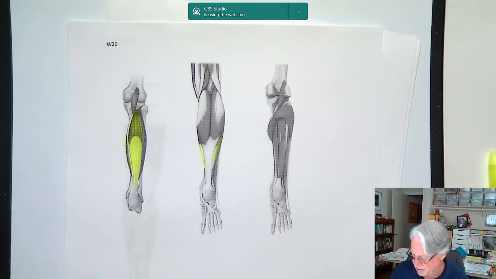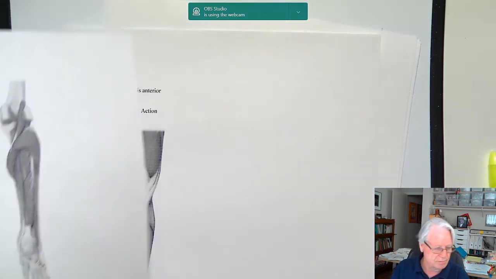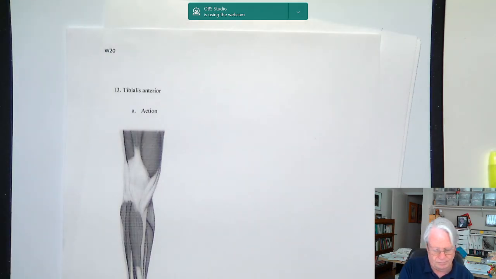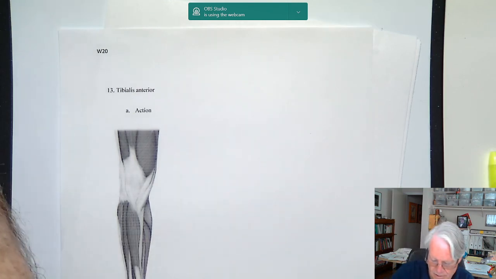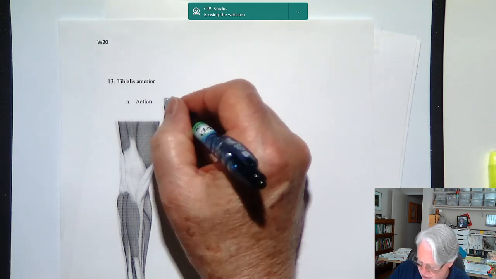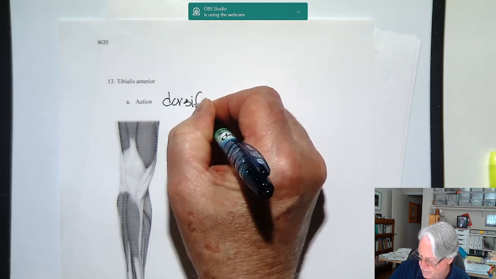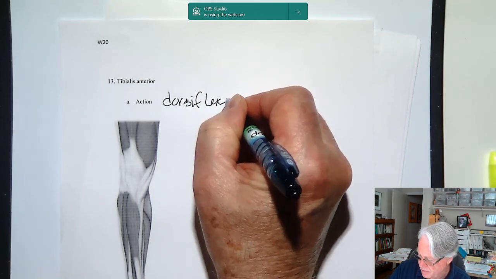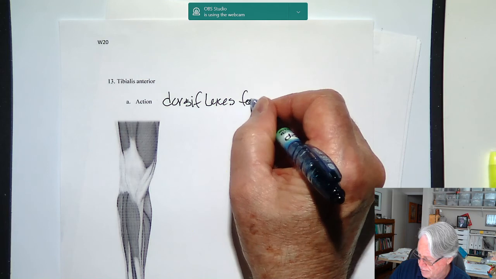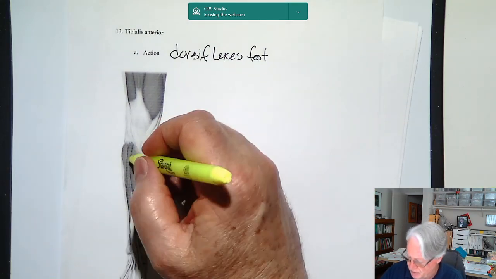Okay, last muscle. Tibialis anterior, and here we simply need to know the action, and that's dorsiflex. Dorsiflex the foot. And in our picture, it's this muscle right here.